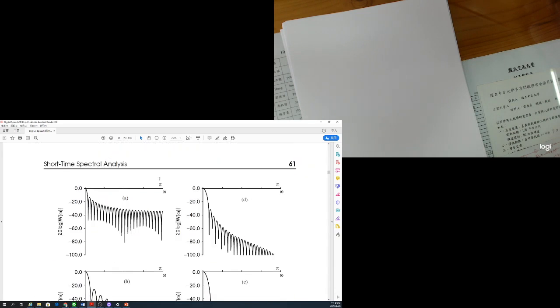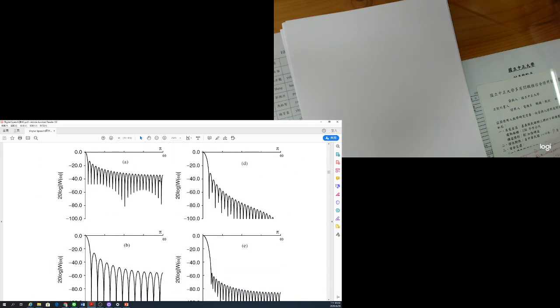You can see their frequency responses for the different filters. The rectangular window has good resolution, however the leakage will be larger. Sometimes you cannot catch the idea.